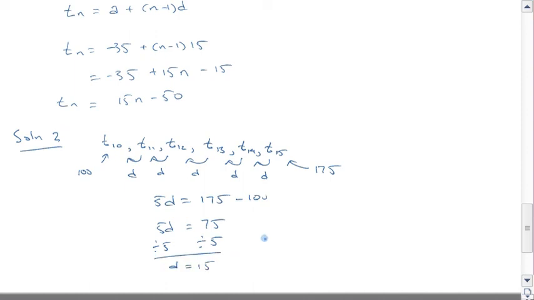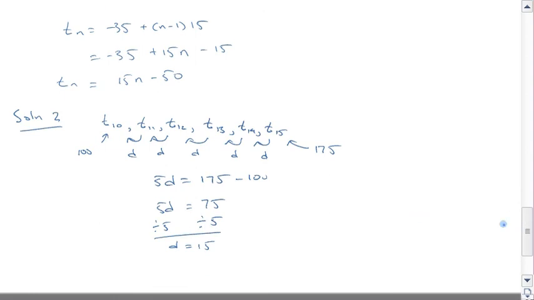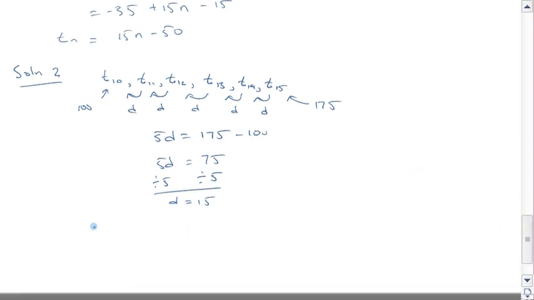Okay, so now we know d is equal to 15. And from there we can basically do exactly what we did before, right? We can say, well, okay, I know that, for instance, T10 is equal to a plus (10 minus 1) times d. And this is a plus 9, right? And we just said d is 15, so that's 9 times 15.